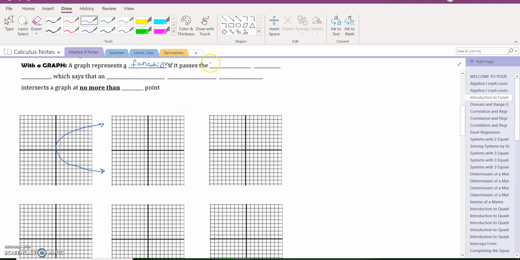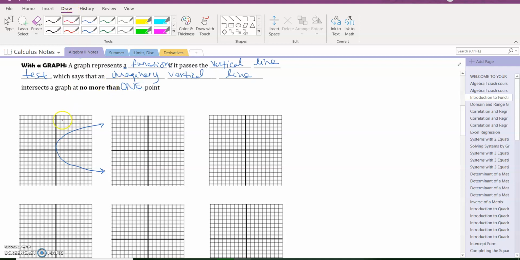And the reason why is you might have used something called the vertical line test. And the vertical line test says that an imaginary vertical line will intersect a graph at no more than 1 point.